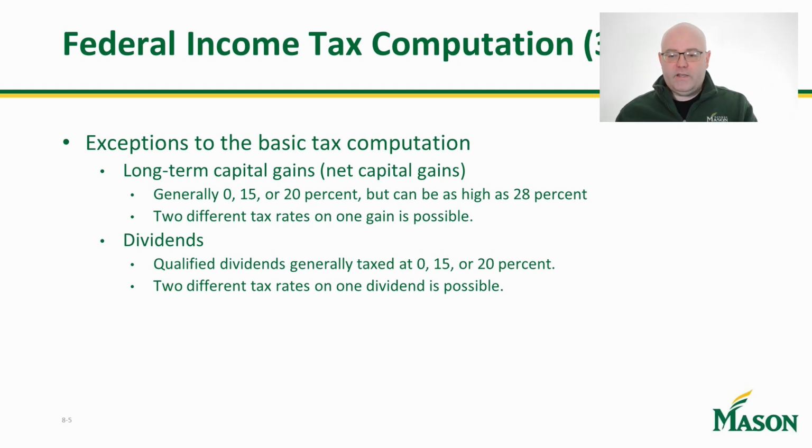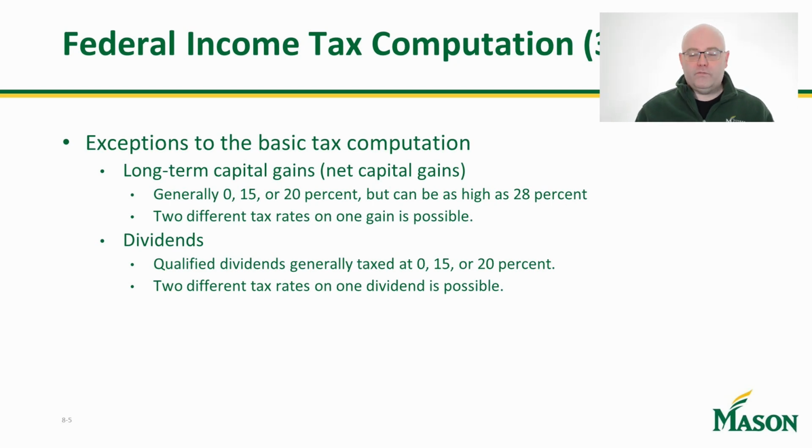If it ended at $75,000, and I had $60,000 of income and $30,000 of dividend income, then from 60 to 75 would be taxed at 0%, and the remaining 15 would be taxed at 15%. That's how that would work out.